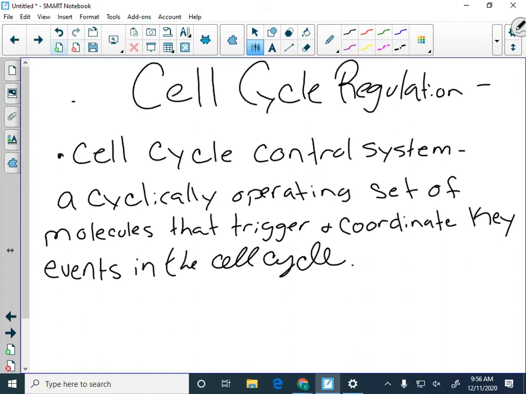So it goes on its own based on a preset timer, but it's regulated by internal and external checkpoints, meaning at some point in time, we have to control it by actually pushing the buttons.